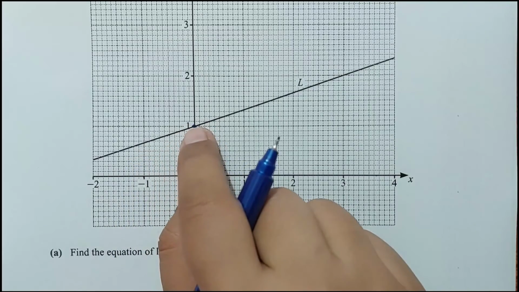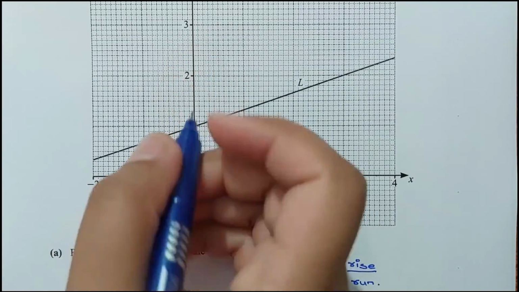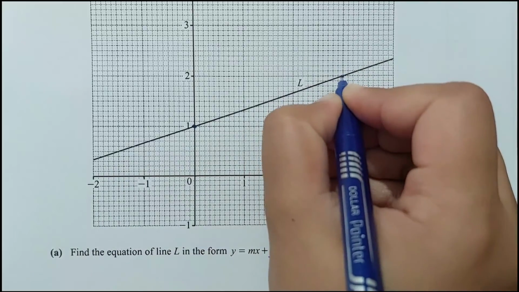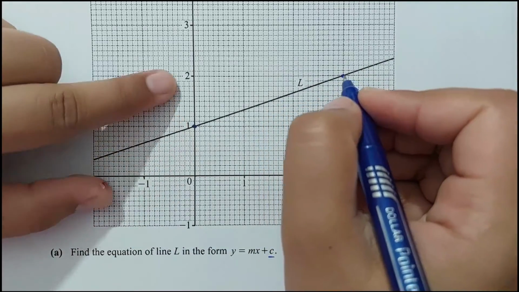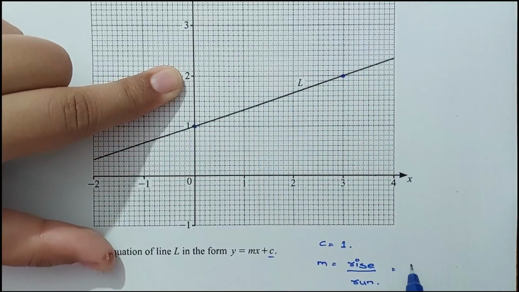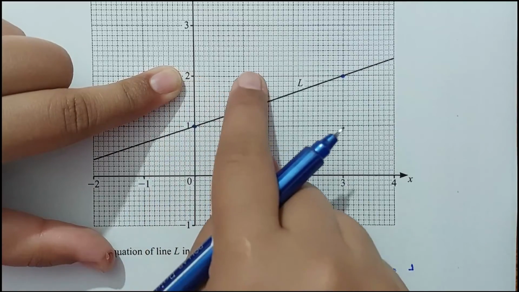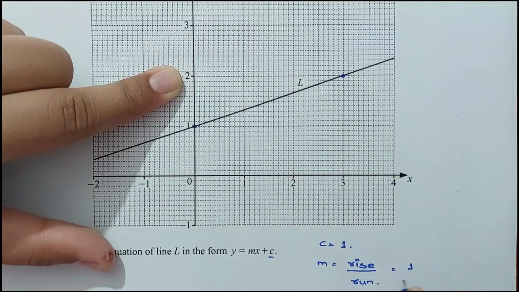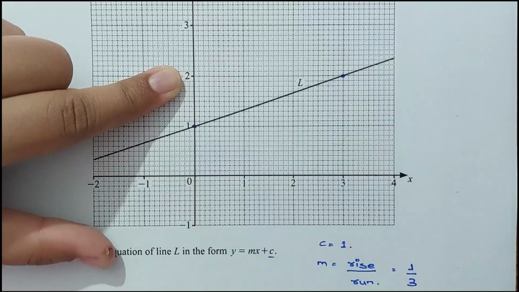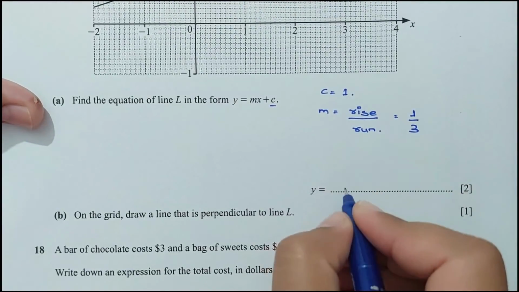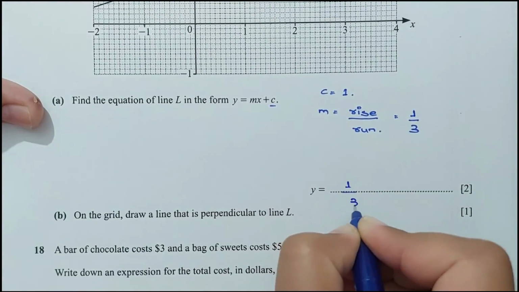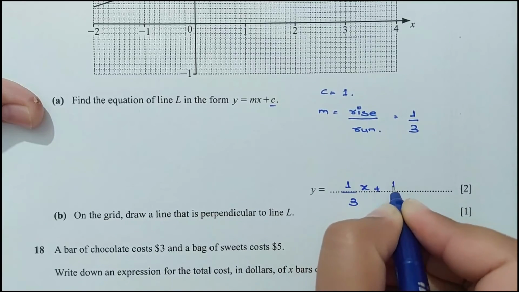From the y-intercept, how much do we have to rise? If we take this point, the rise is from 1 to 2. The 1 unit is the rise. And how much is the run? 1, 2, and 3 units is the run. So this is the slope, 1 by 3. So the equation of the line is y equals 1/3 x plus 1.